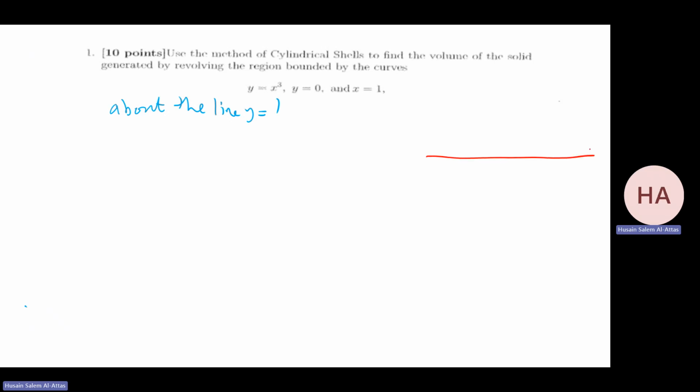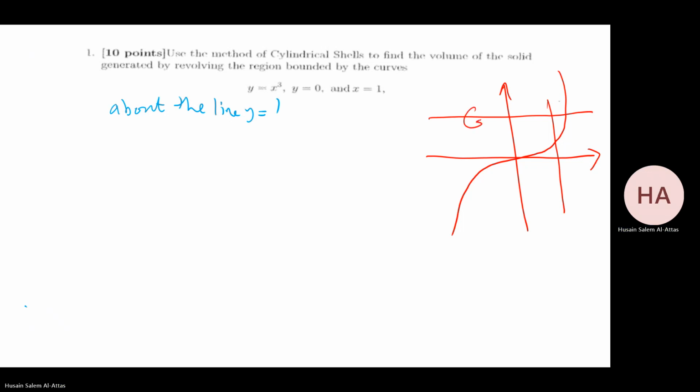Okay, so what is the graph? Y equal x cubed, the x-axis, x equal 1. And this is my axis of revolution. This is 1, this is 1. Y equal 1.